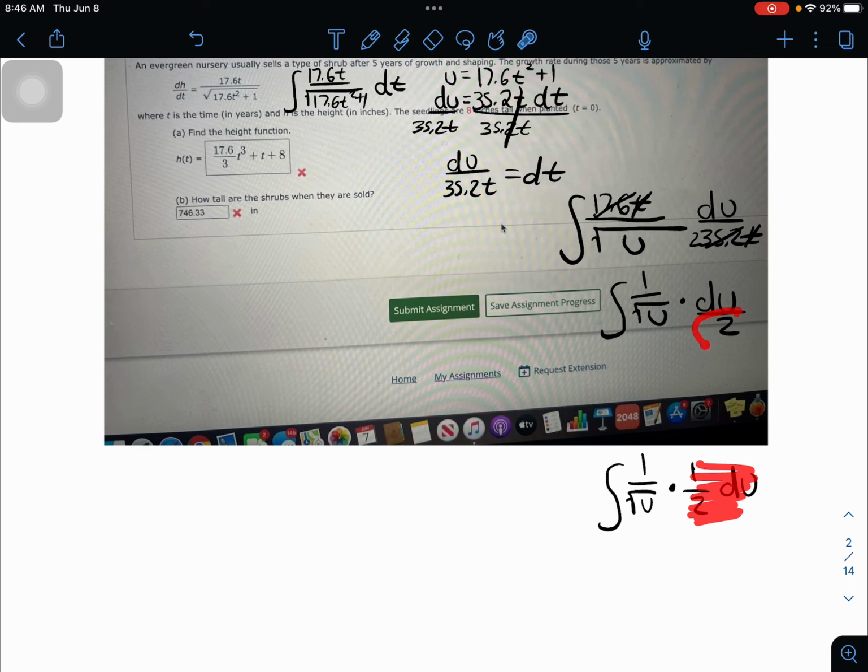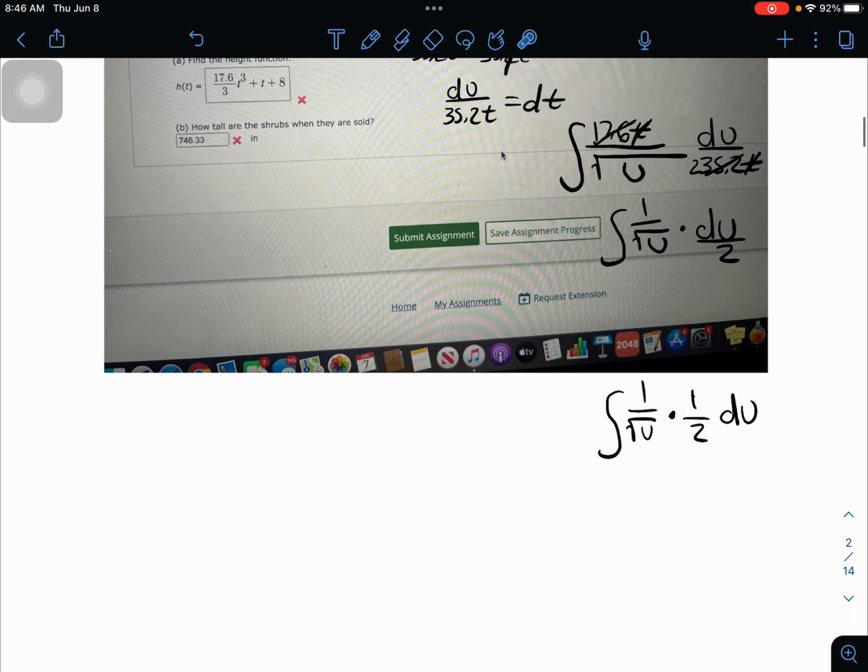Because if you divide something by 2, it's the same as multiplying it by 1/2. And when you're taking integrals, if you ever have a number, you can always move it out to the front. So I'm going to do that. I'm going to have 1/2 integral 1 divided by square root of u, du.